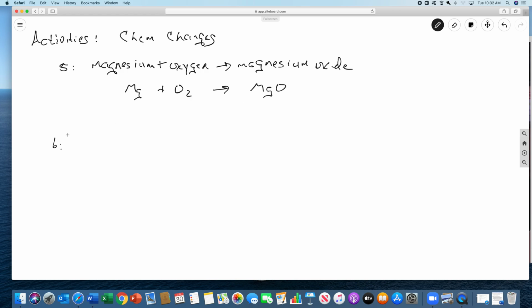Okay, activity 6, that was where I took a piece of metal and I put it in acid. All right, and what I did there is I took magnesium, and then I did the splint test.